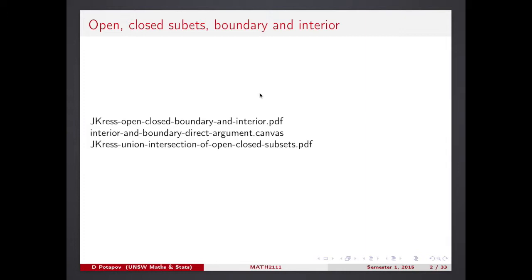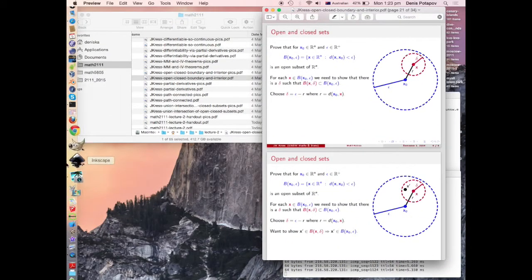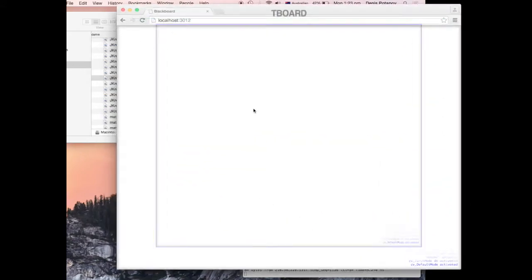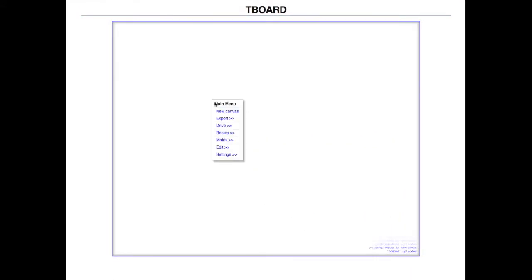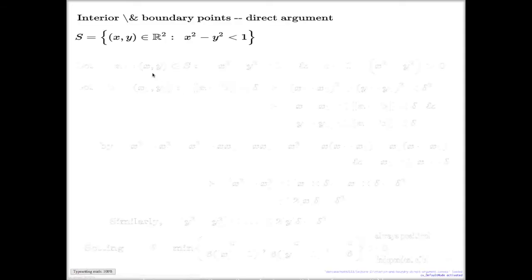It's an example from the tutorial set, and the question says, let's just open that. Right.